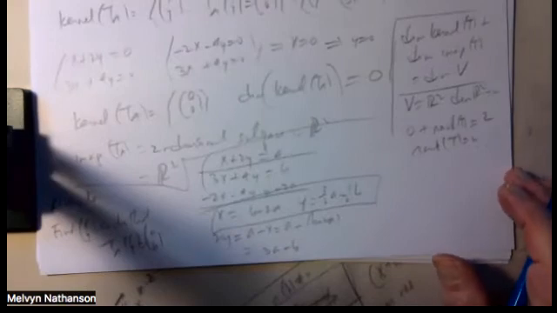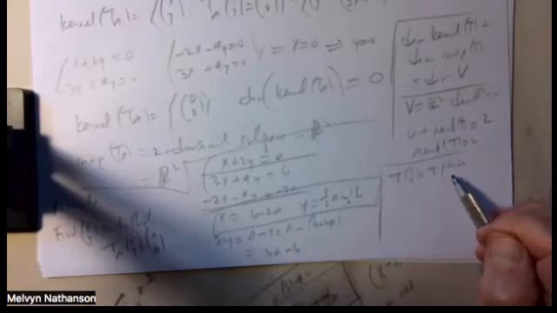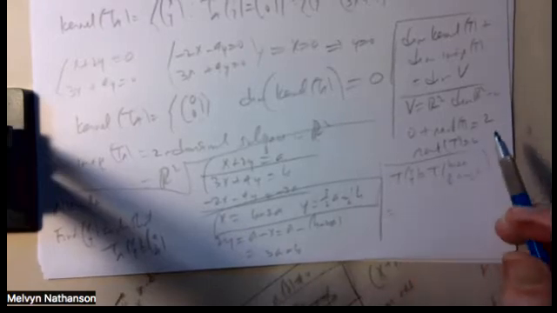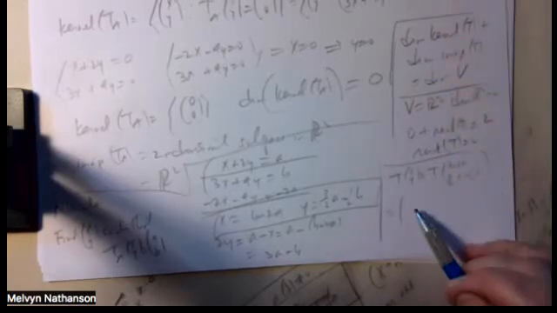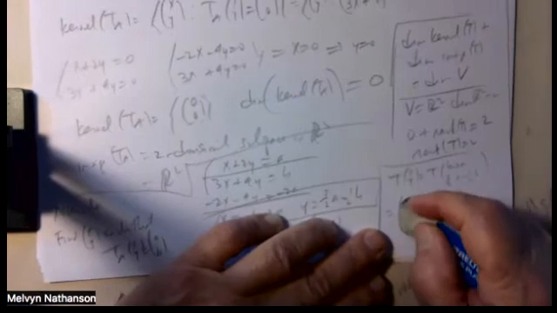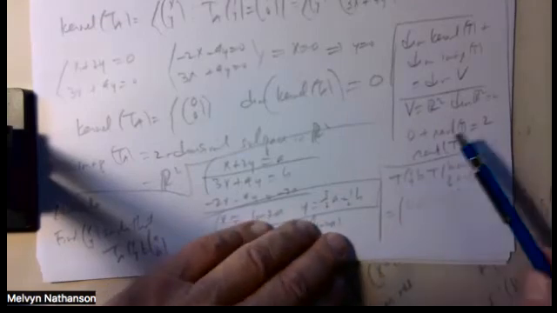So if this calculation is correct, T of x, y is going to be T of b minus 2a, 3a minus b over 2.